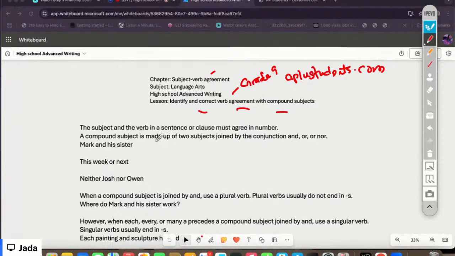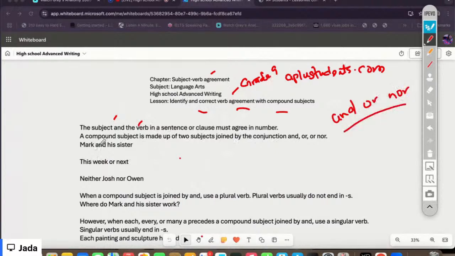Okay, so the subject and the verb in a sentence or clause must agree. There's definitely an agreement between the subject and the verb in a sentence. A compound subject is made up of two subjects joined by the conjunctions and, or, and nor.